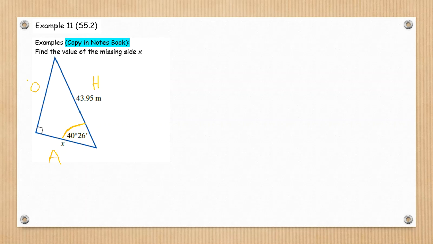We don't know the opposite, so we're not going to use sine or tan. So we use cos, cosine, 40 degrees 26 minutes equals x over 43.95. X is on the top, so we times.